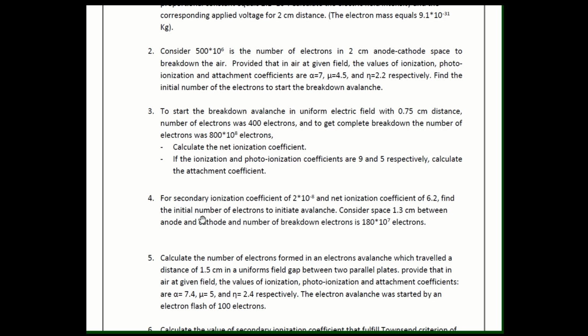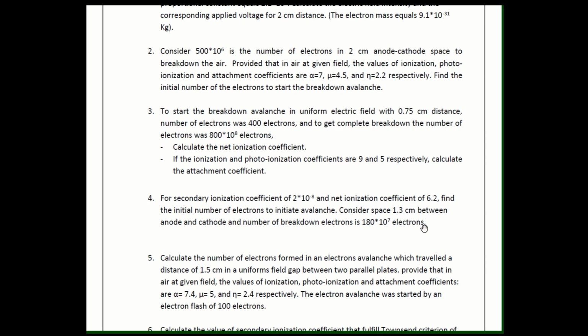Find the initial number of electrons to initiate the avalanche. Consider the space of 1.3 centimeter between anode and cathode, and the number of breakdown electrons is 180 into 10 to the power 7 electrons.